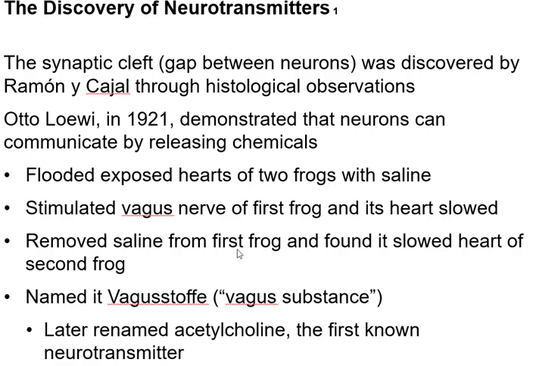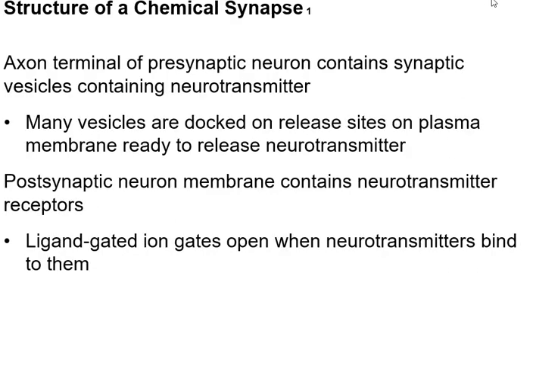So they figured out, well, there must be some vagus stuff that's coming out from the vagus nerve that is affecting the muscle of the heart. And so they named it vagus stuff. Later on, we renamed it acetylcholine, and it was the first of the known neurotransmitters. So only within the last 100 years have we even known about neurotransmitters.